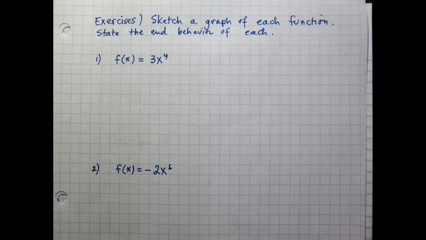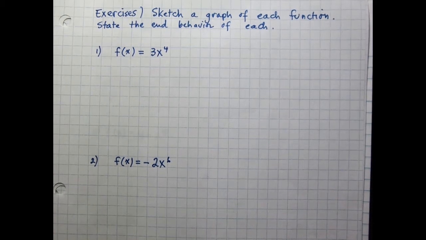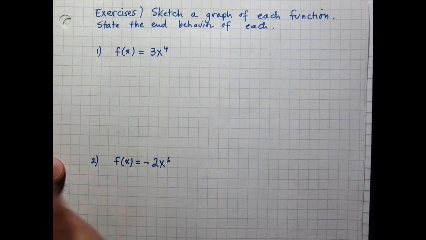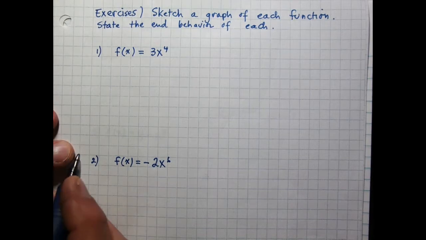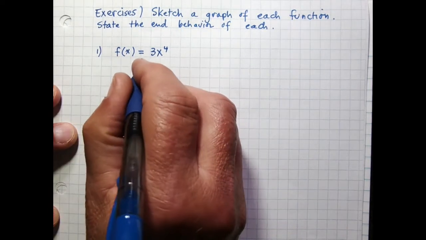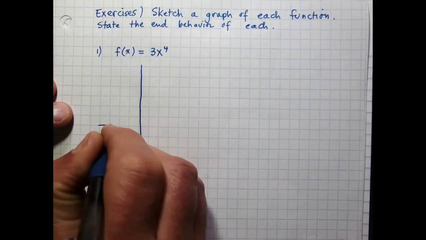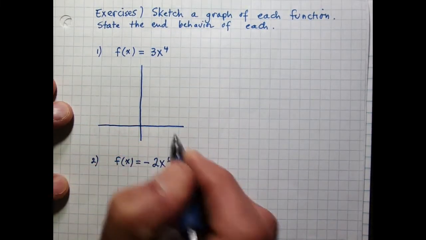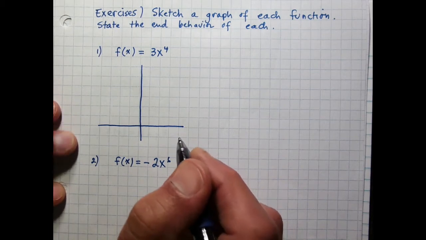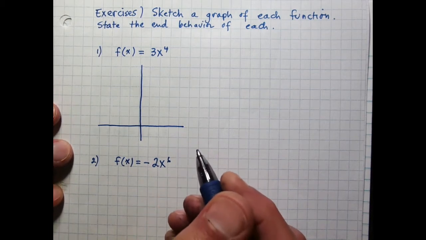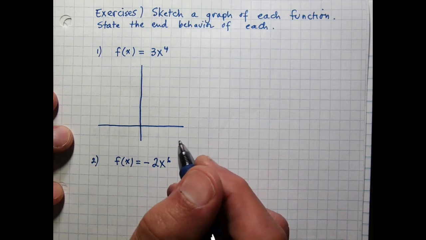We're going to do some graph sketching. And in each case, we're going to also state the end behavior for each function. So these graphs, you should be able to just draw. You don't have to label specific points. It's nice to label intercepts when they occur, but other points don't have to be labeled.